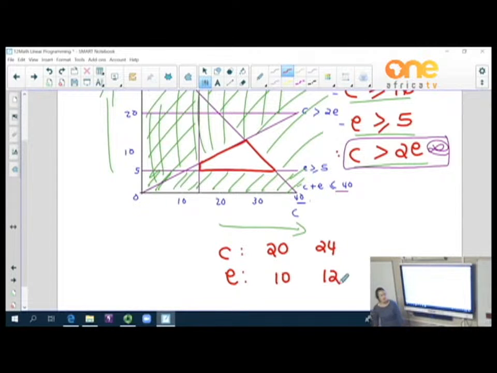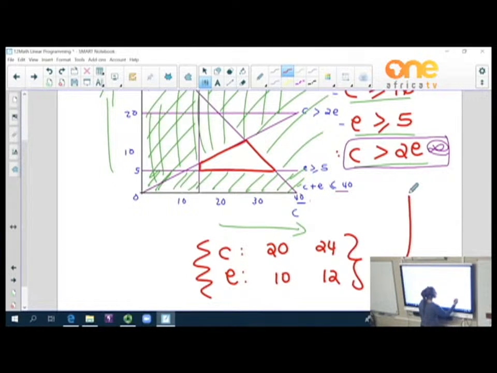Just take note, grade 12s, that when you give these answers, they need to satisfy all your inequalities. So 20 is still in my range, 10 is in my range, 24 somewhere here in my range, 12 somewhere there, still in my range.